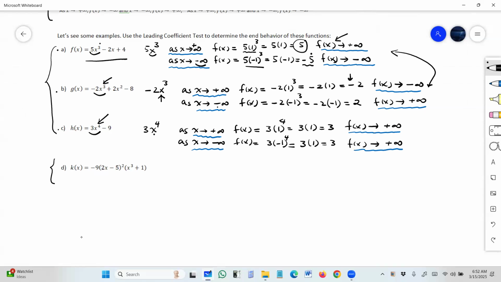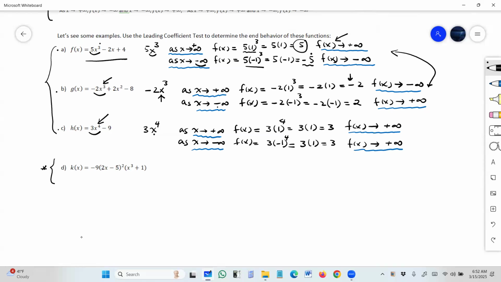In the last case, this is an important case because the polynomial is not given to you in individual terms. It's given to you in product form. Now, remember, for the leading coefficient test, I'm only interested in the leading term. So you don't have to FOIL all of this. All I need to do is find the leading term.